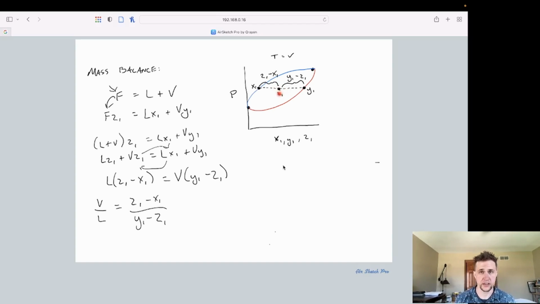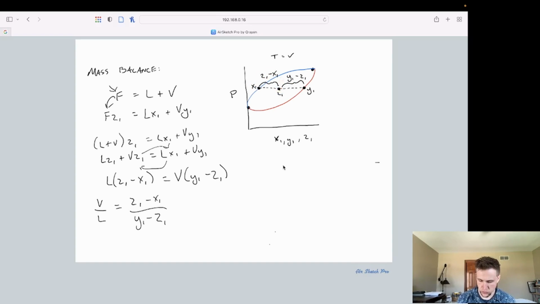We have our feed, Z1, whatever Z1 happens to be along this point. It could be down here depending on the pressure. It could be all the way up here if the pressure continues to increase. But wherever our Z1 currently is for our known temperature and whatever the pressure point is, the ratio between Z1 minus X1 to Y1 minus Z1, that distance ratio, is the ratio of vapor to liquid that we would obtain.